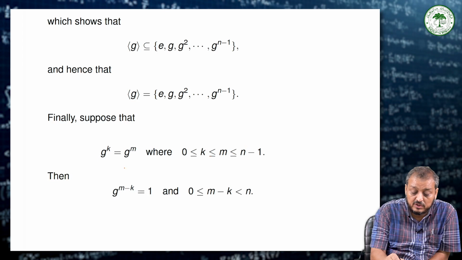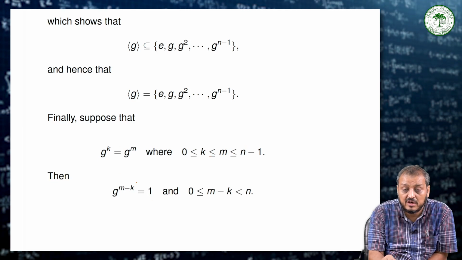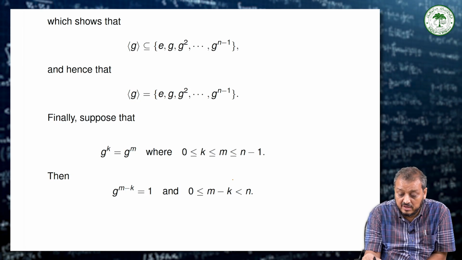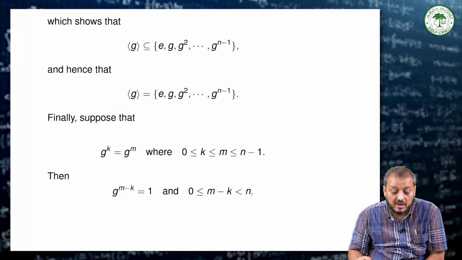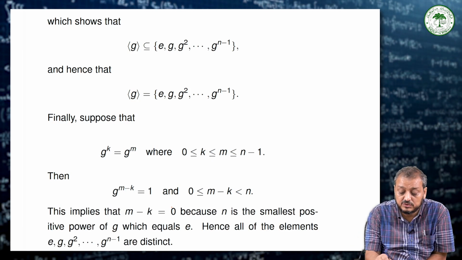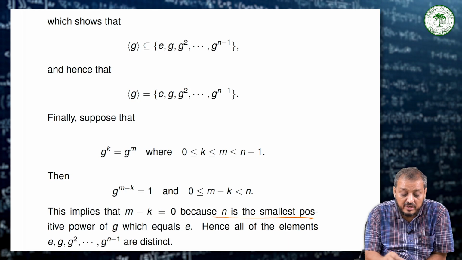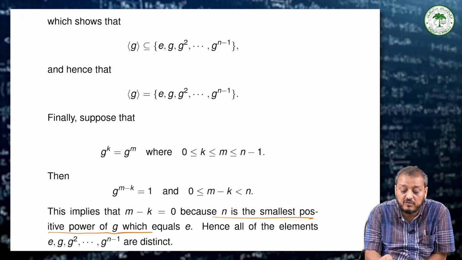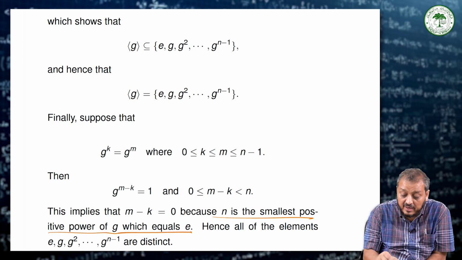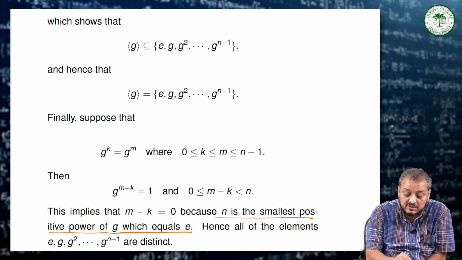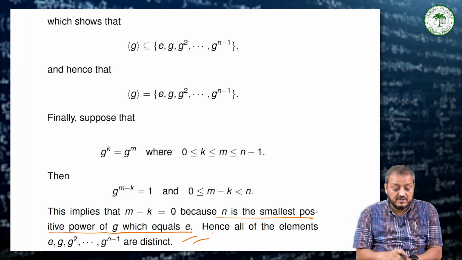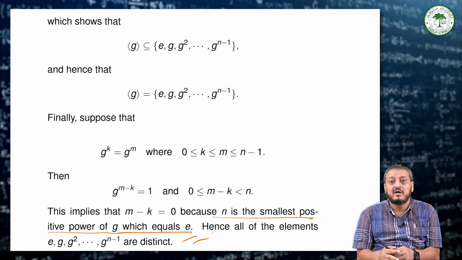Then g to the power m minus k is equal to identity, and m minus k lies between 0 and n. This implies that m minus k is equal to 0, because n is the smallest positive power of g which is equal to identity. So all the elements of this set are distinct.